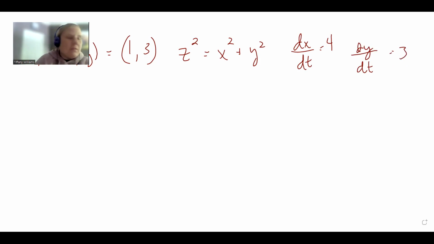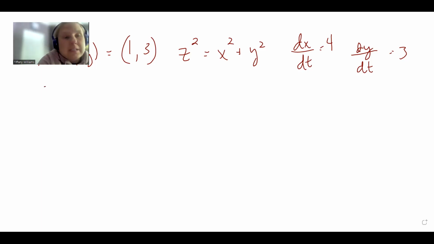All right. So the first thing that I'm going to do is, I'm asked to solve this one for dz dt this go around. If I leave it the way that it is currently written, I'm going to have a 2z if I try to take the derivative of it. So I'm going to do something really interesting.